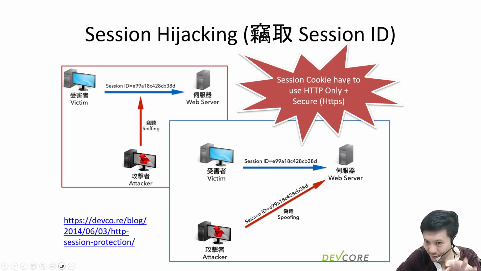So you need to try to prevent this kind of session cookie from being misused by making it HTTP only. It must be HTTP only and HTTPS. Two cases. HTTP only means JavaScript is not able to read the session ID. Since most hacking techniques are on top of JavaScript, if JavaScript is not able to read this cookie, then it will be safe.